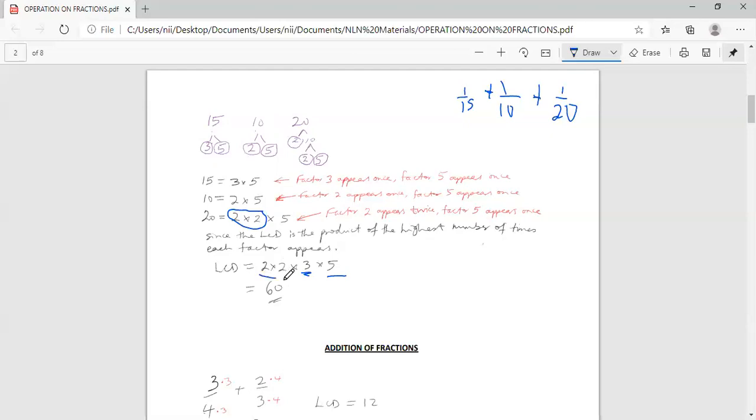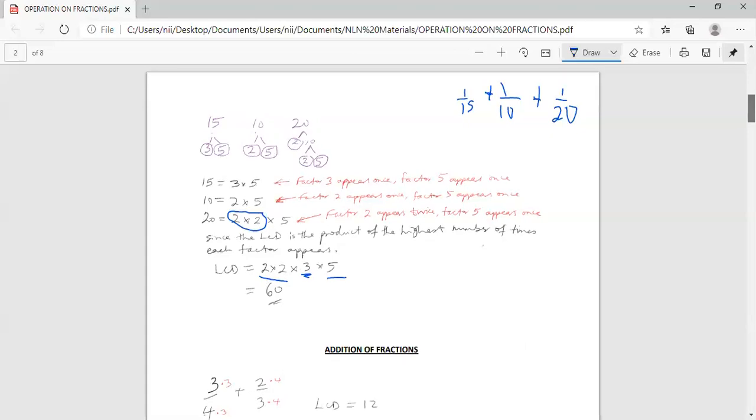So the LCD is 2 times 2 times 3 times 5. That is 60. In other words, 15 can go into 60, 10 can go into 60, 20 can go into 60. The smallest number that each of these can go into, that is the least common denominator.